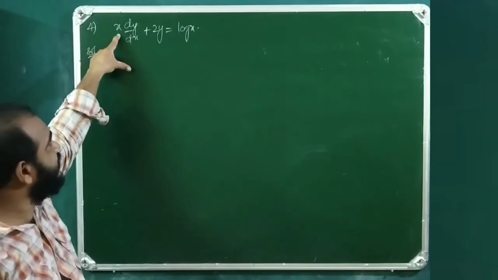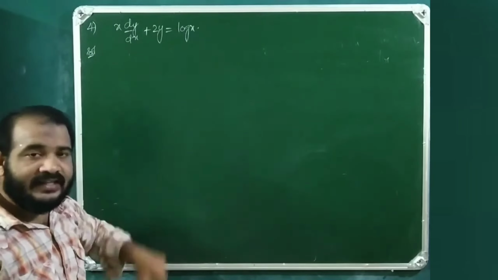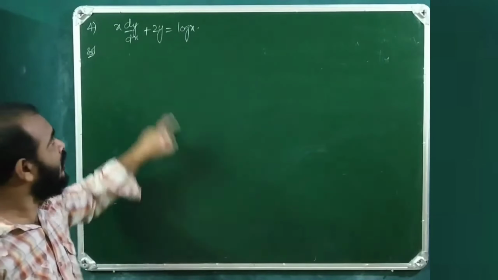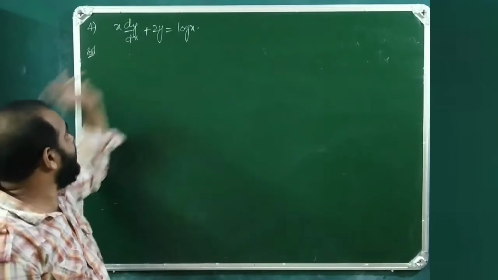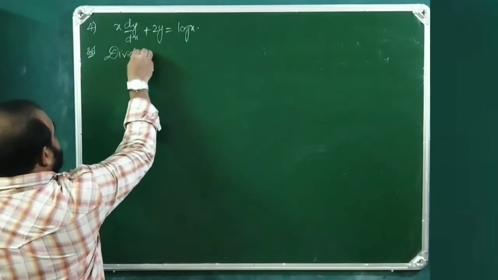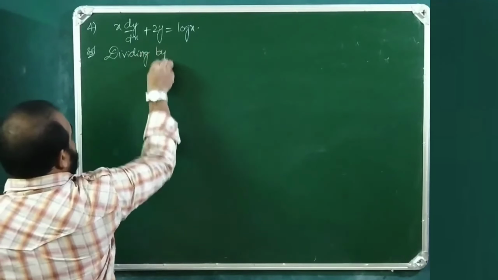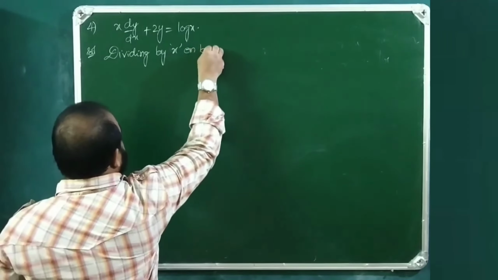Here x is being multiplied with dy by dx, so let us divide the entire equation by x on both sides.